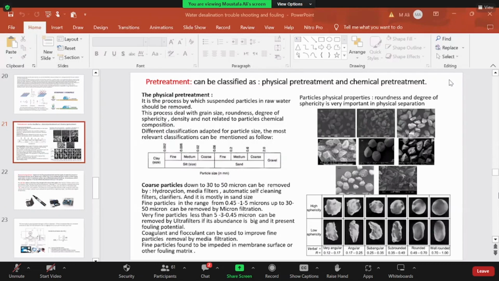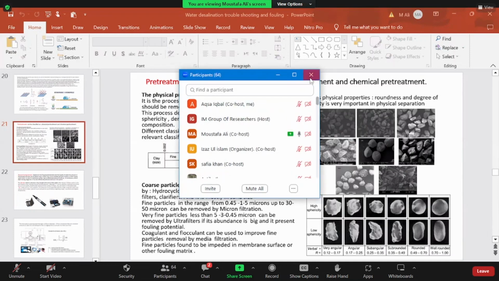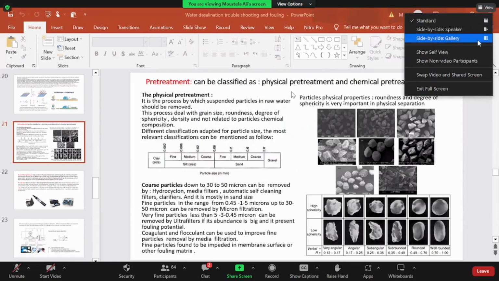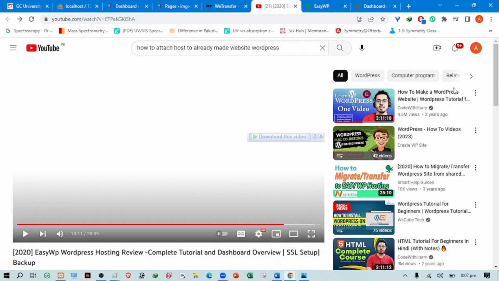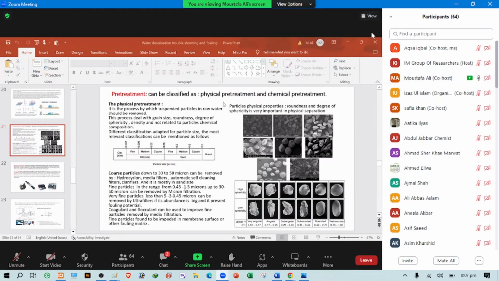This applies for standard filtration for potable water, or even for the pretreatment of reverse osmosis feed water for a desalination plant. Both of them are identical regarding a physical pretreatment. The main task is to remove all suspended particles with different sizes, especially the fine particles, which are less than 2 micron grain size.